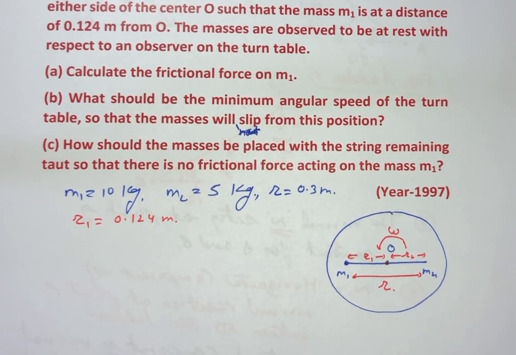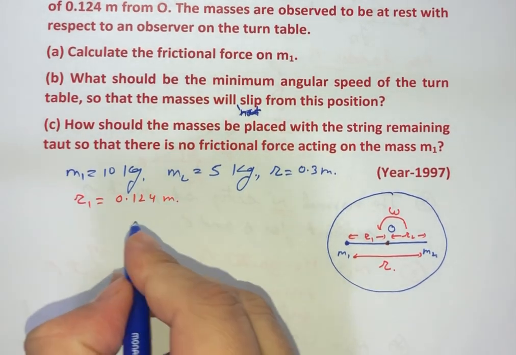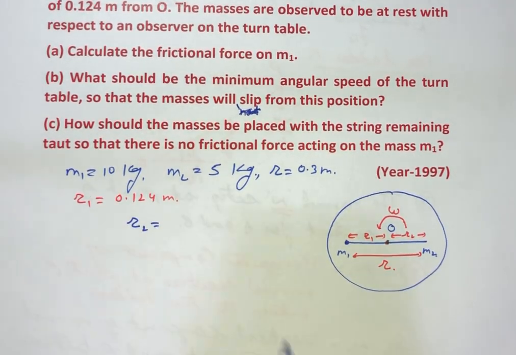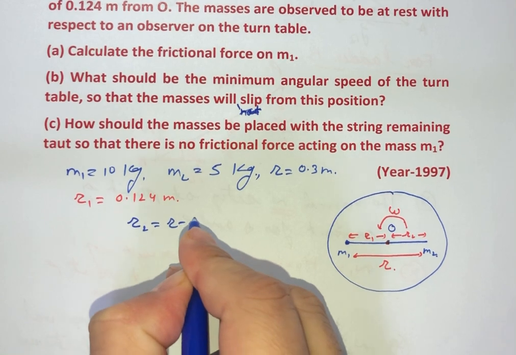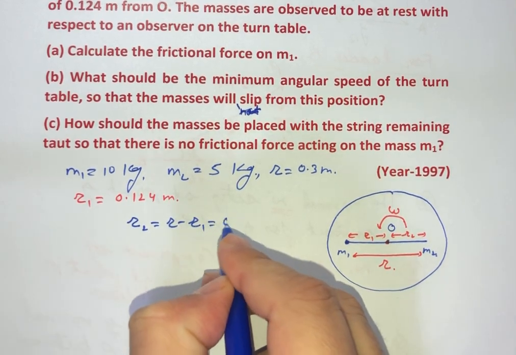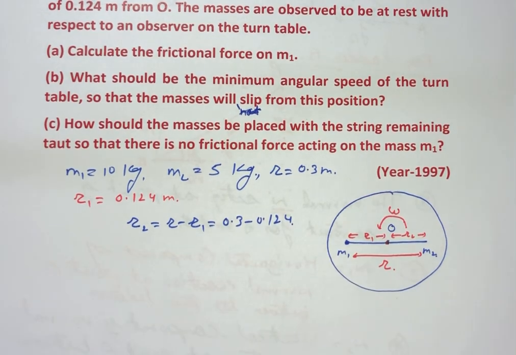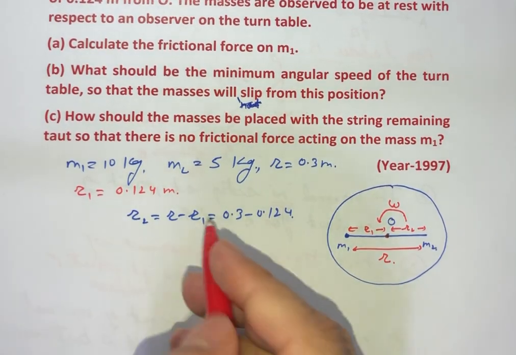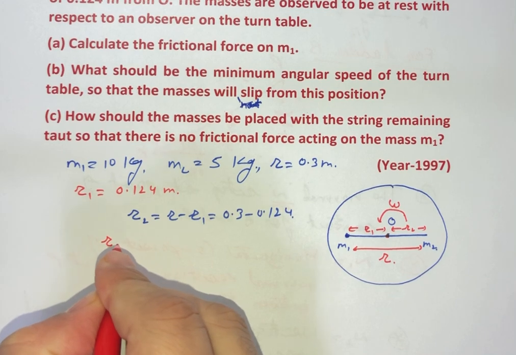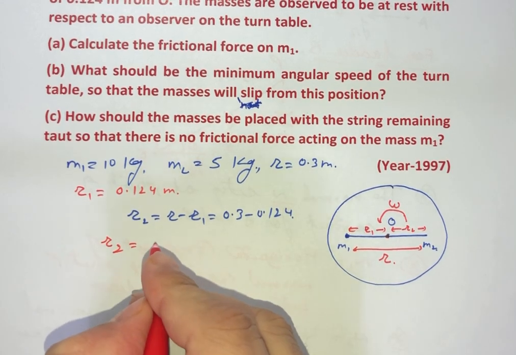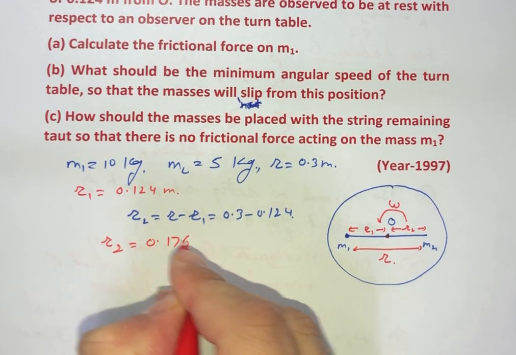So from here we can calculate our r2. So r2 will be equal to r minus r1, which means 0.3 minus 0.124 meter. So we can say our r2 will be coming as 0.176 meters.